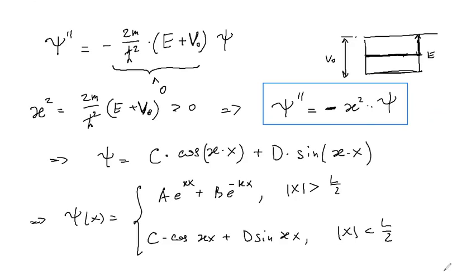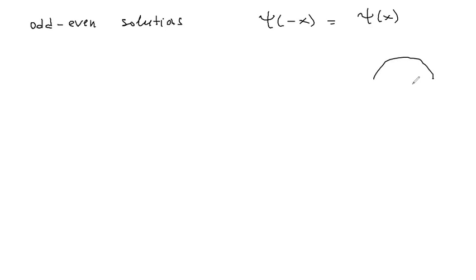Let's speak about solutions which are symmetric and anti-symmetric, or odd and even solutions. If you take psi of minus x, you can get either the same, like my cos function.